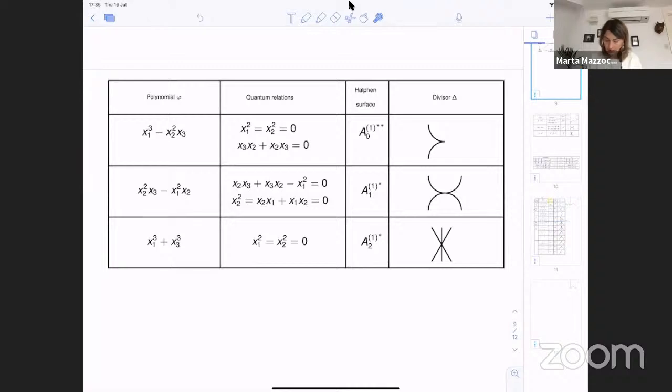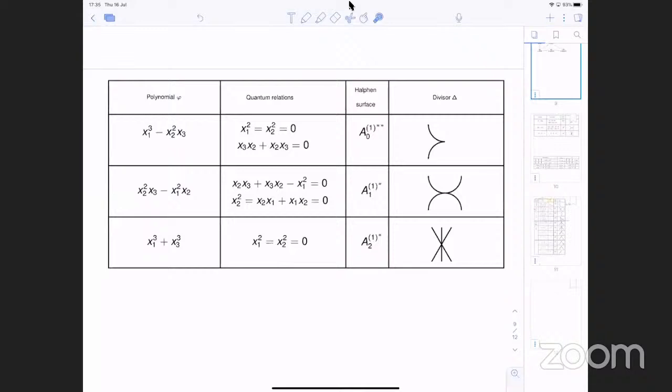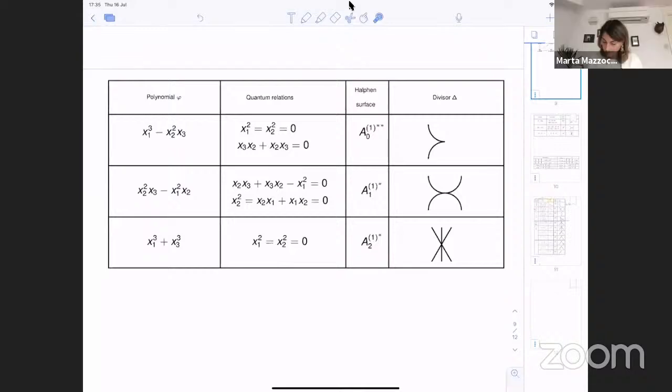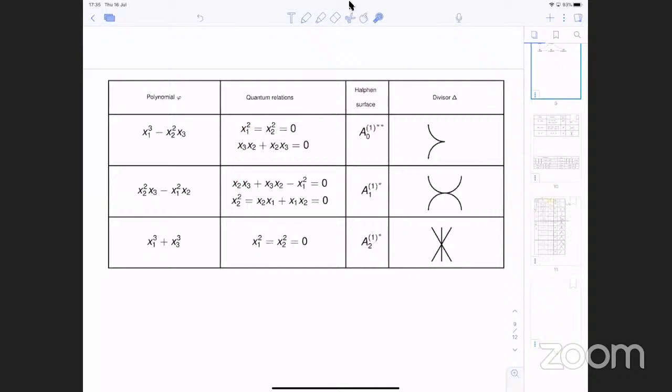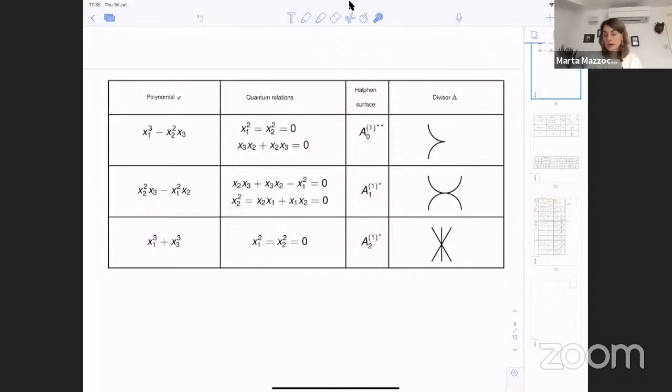Okay, so we still have a similar situation, but they don't lead to Calabi-Yau algebras. Do the algebras have any nice properties in those cases? They are very simple. I don't know, to be fair, if they are of any interest.